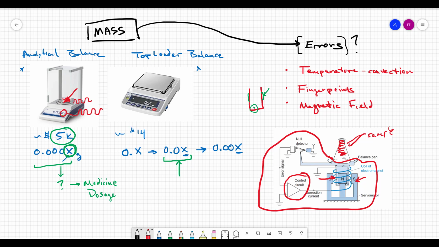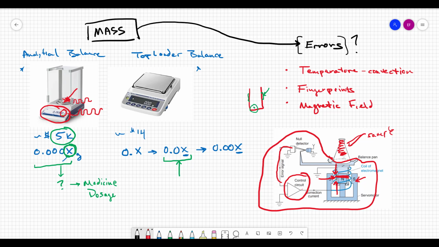And so if you put a lot of mass on it, this thing is going to adjust and push back upward. If you put a little mass on it, it's going to push backward. That current that's required to reach sort of that middle line gets fed into what we call an operational amplifier, and we get some response in our measurement or in our display. That's how this thing works.